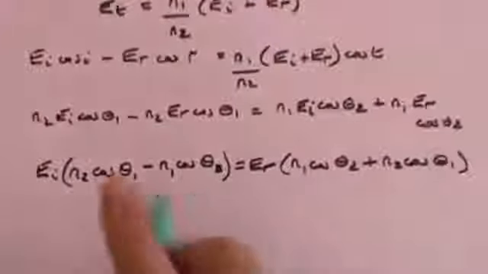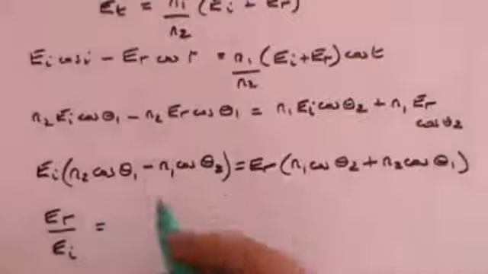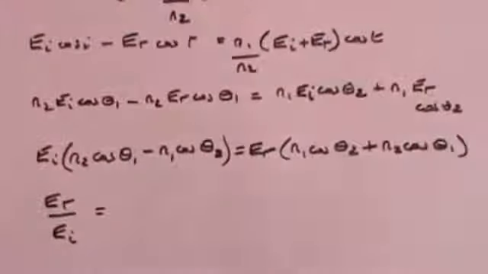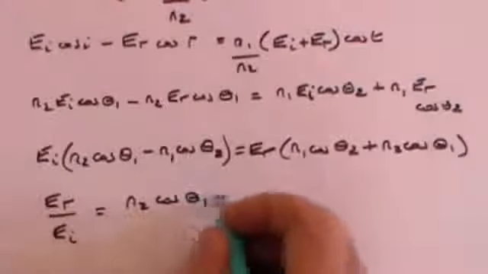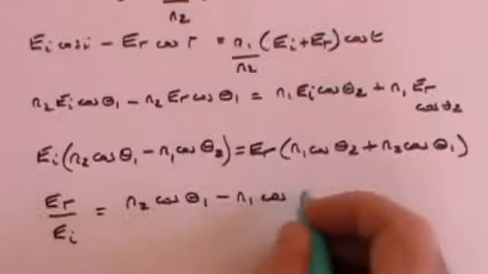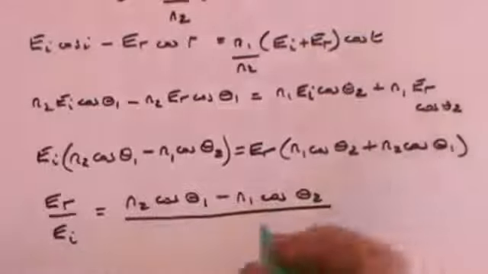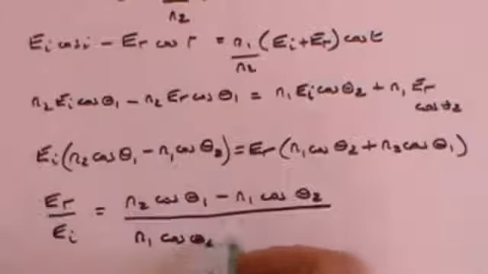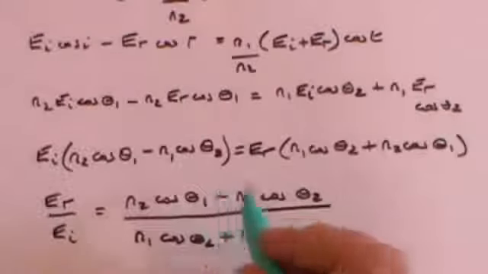And now I can do what I did before. ER over EI is equal to this term divided by this term. And this term is going to be N2 cos theta 1 minus N1 cos theta 2 divided by this term, which is N1 cos theta 2 plus N2 cosine theta 1.